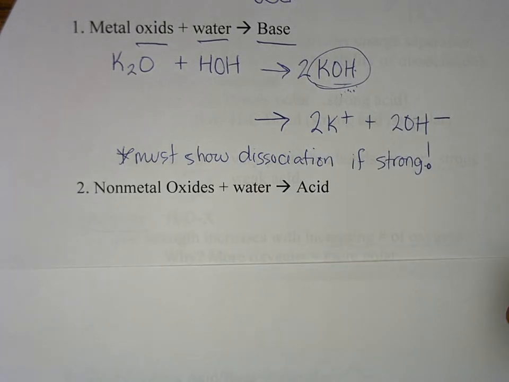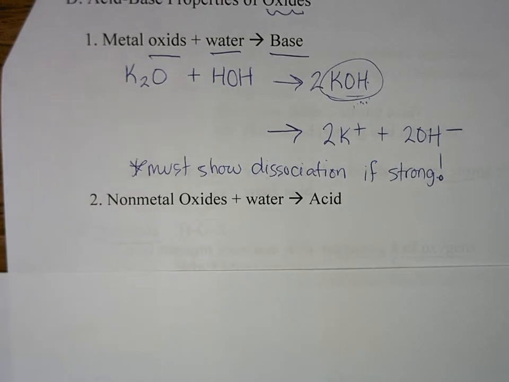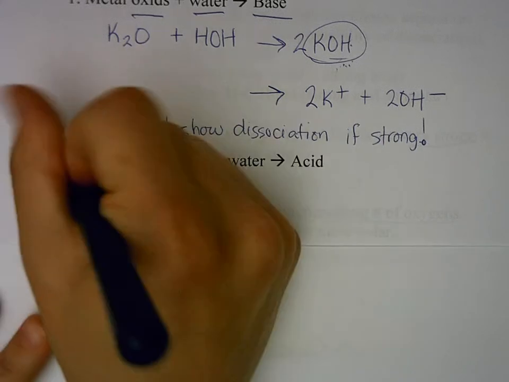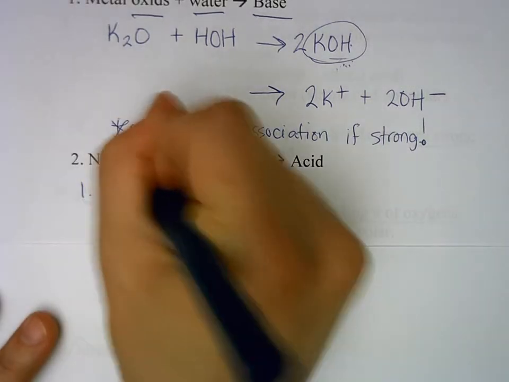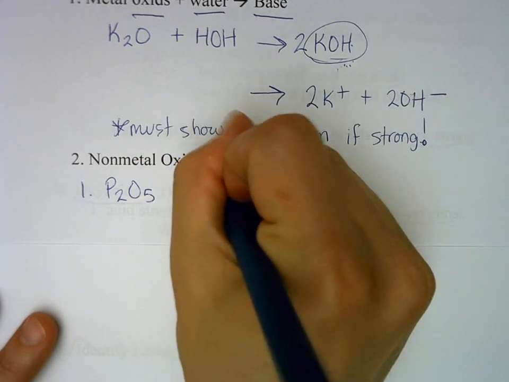And then this is the last thing. Metal oxides plus water give me a base. A nonmetal oxide plus water gives me an acid. I'm going to give you 2 examples. Nonmetal oxide, first example, diphosphorus pentoxide plus water.